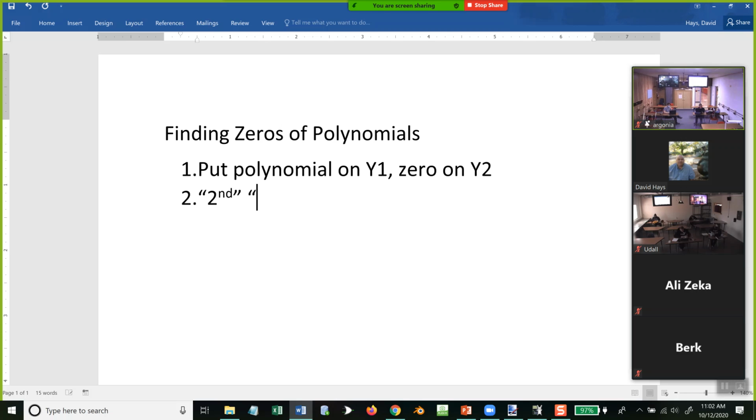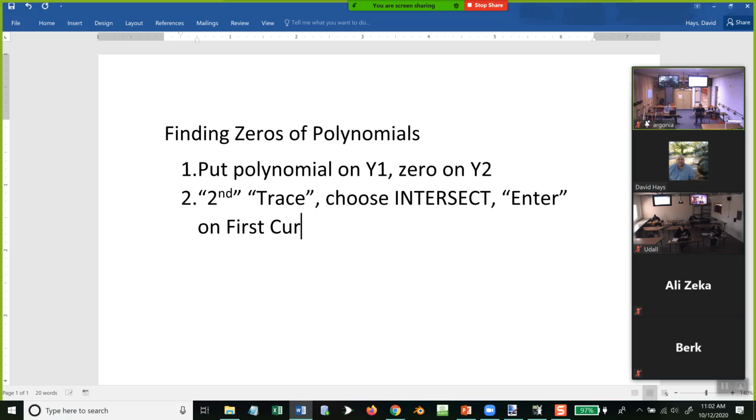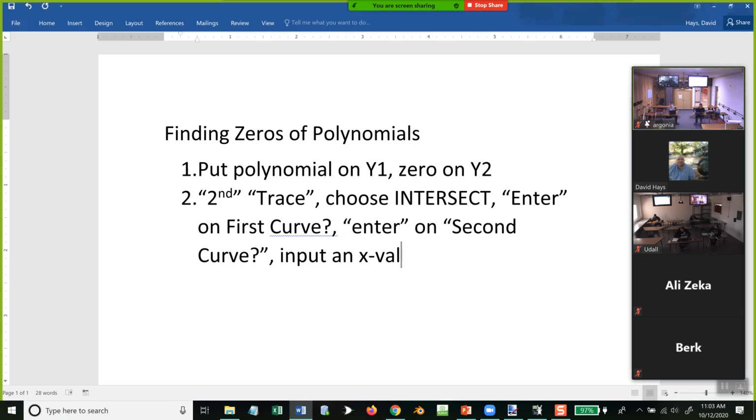Then we'll do second trace, choose intersect, enter on first curve, enter on second curve, and then we'll input an x value close to the answer and press enter.